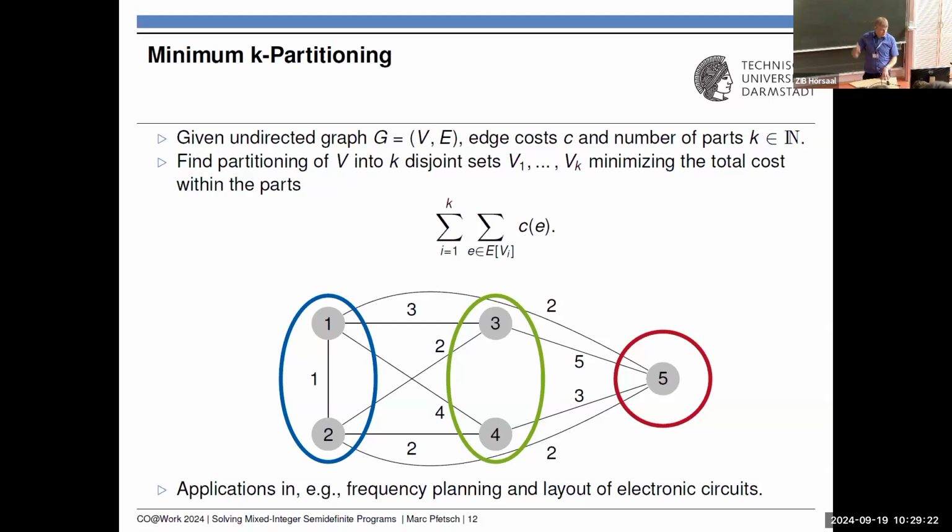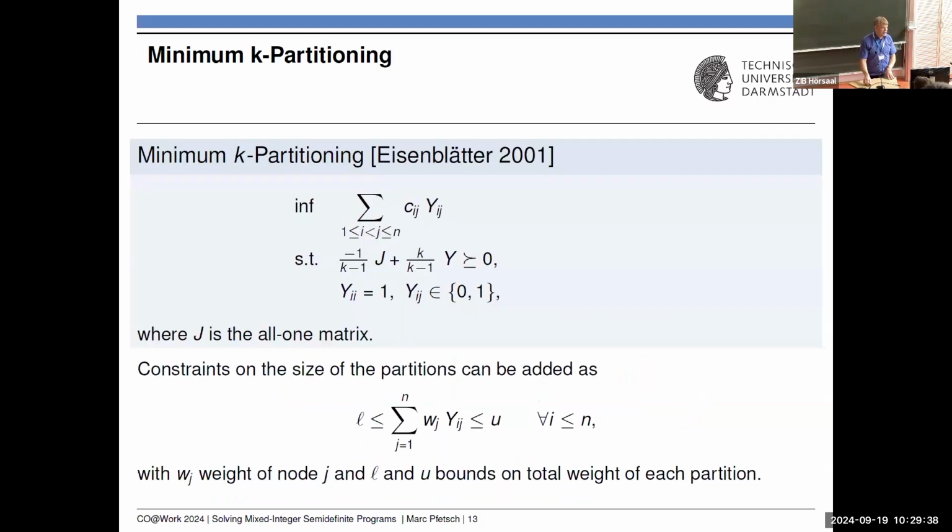Only the blue part has an edge inside it, and that is counted. The other ones don't have this. So it seems like a good solution for this partitioning problem. This has many applications, and you can again write it as a mixed integer program like this. You can also add bounds on the sizes of the partitions if you want them to not be too large or too small.